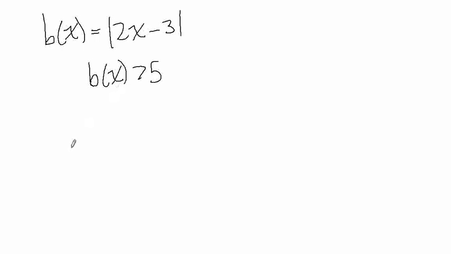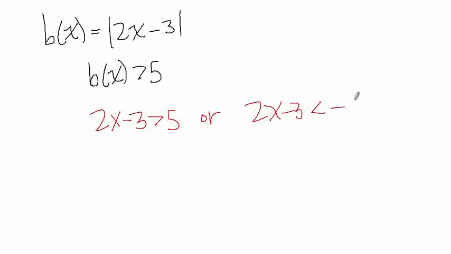Okay, so I'll go ahead and do that. So we need the distance from the origin to be greater than 5, so that'll occur when 2x minus 3 is greater than 5, or when 2x minus 3 is less than -5. So let me solve both of those cases.